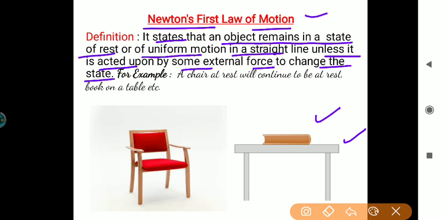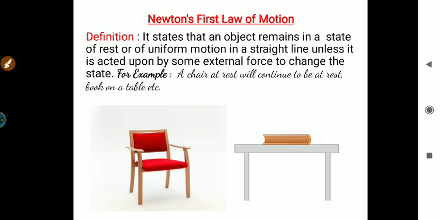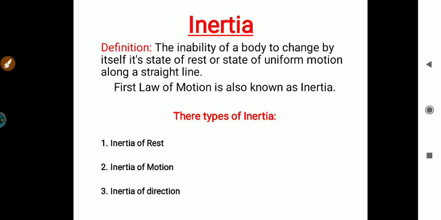This book remains in the state of rest until an external force is applied to it. In the same way, here is a chair. The chair is in the state of rest. It remains in the state of rest until we apply an external force on it. So this is the first law of motion.